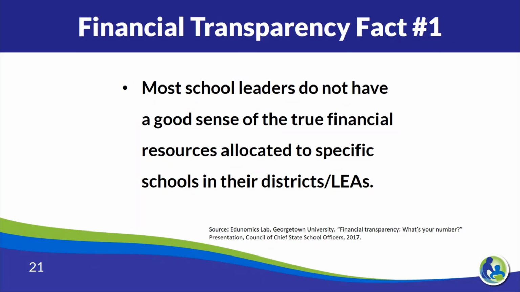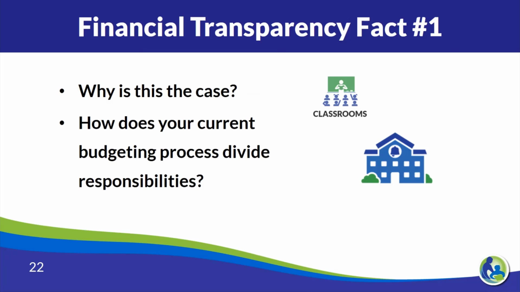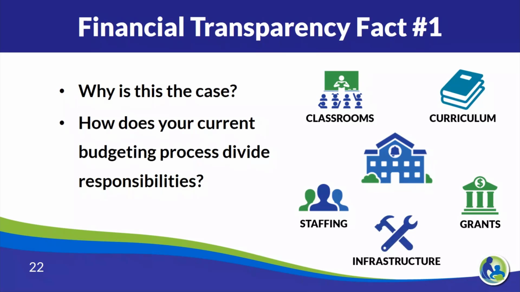And I have an idea of where this might come from, because this is my own experience in a district. It's very common in school districts in Wisconsin and across the country to have essentially a siloed budgeting process.